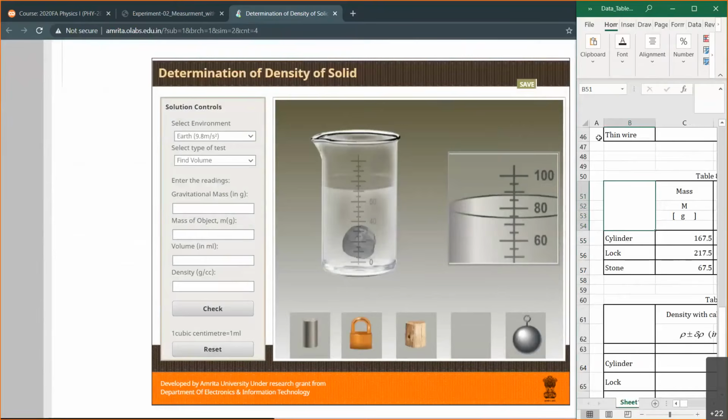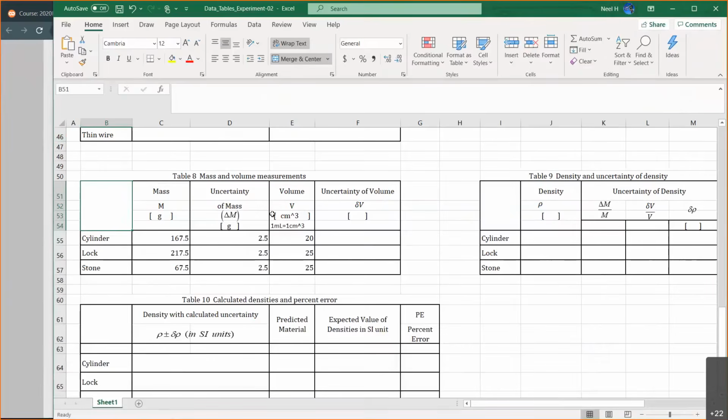Because of that, the uncertainty of the volume measurement is about half the least count, that is 2.5 milliliters, which means in centimeter cube it's always going to be about 2.5. Follow me? The unit should be centimeter cube, okay?